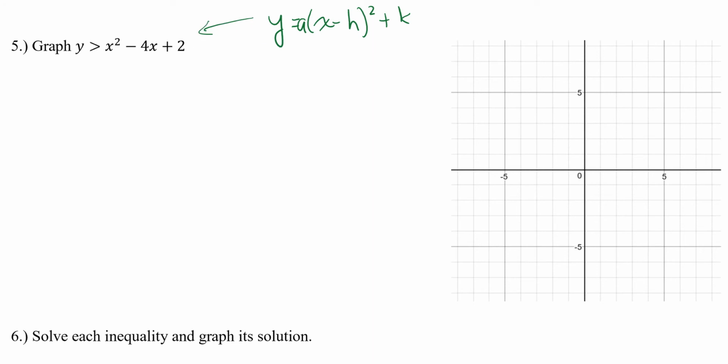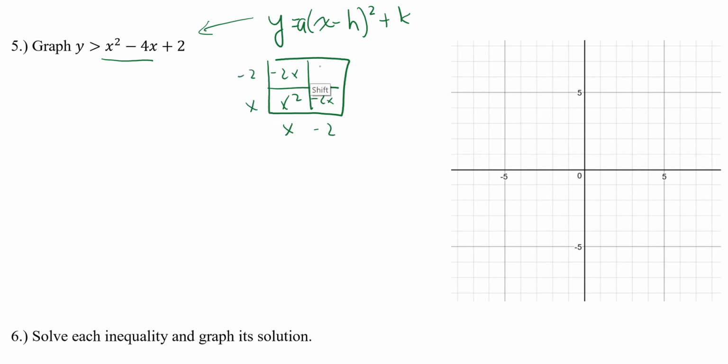So the first thing I'm going to do is complete the square, and remember you complete the square on the first two terms. So you've got x squared minus 2x, so you've got x minus 2, x minus 2.